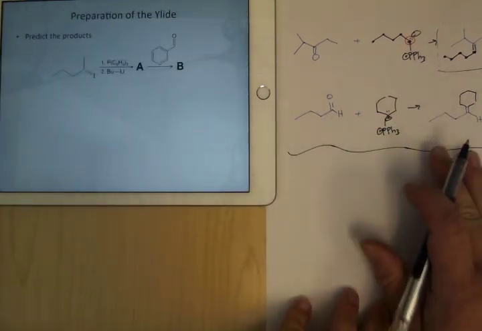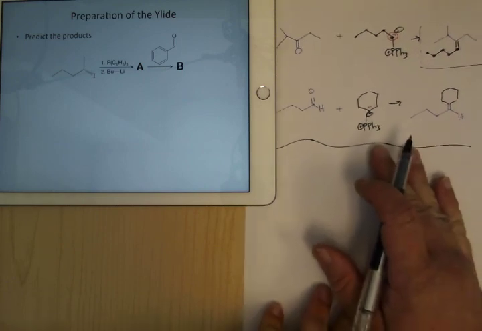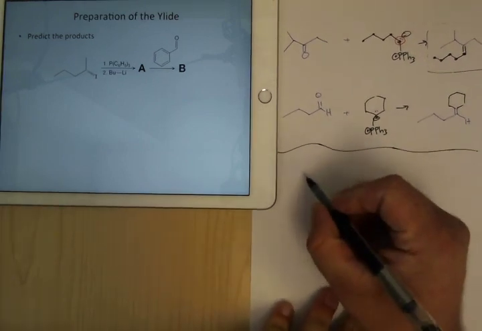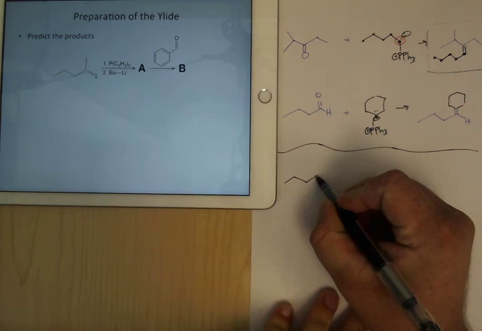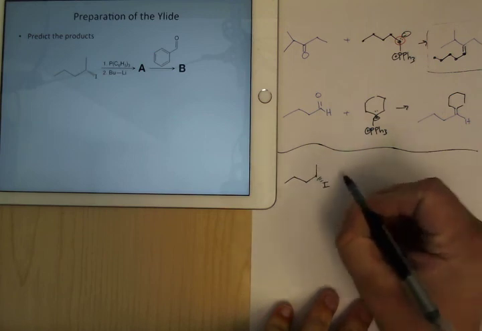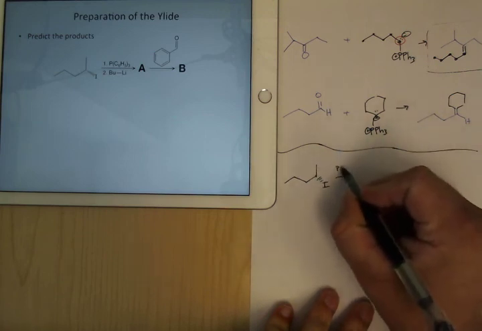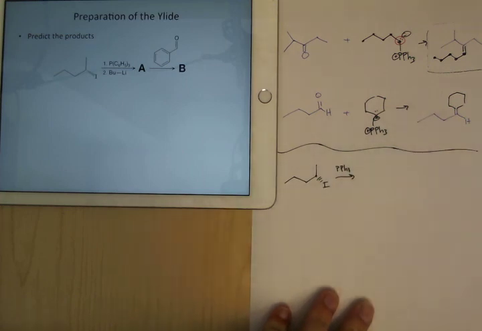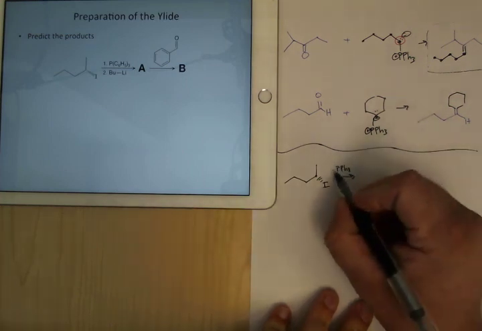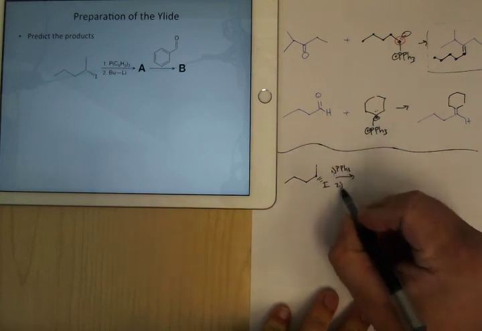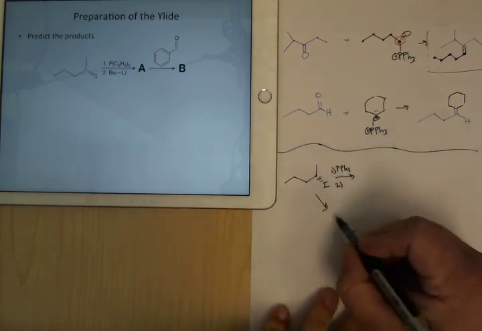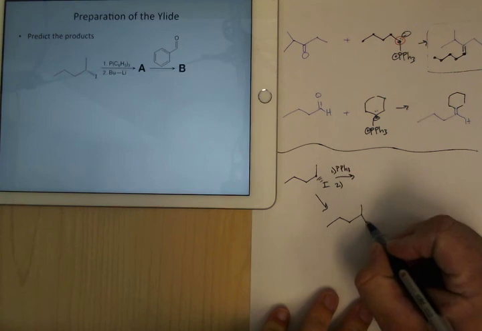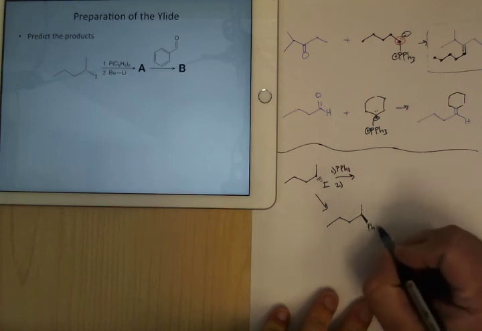So if we're going to take a look at this, if we do the triphenylphosphine, right? The first step, you would do an SN2 reaction, right?